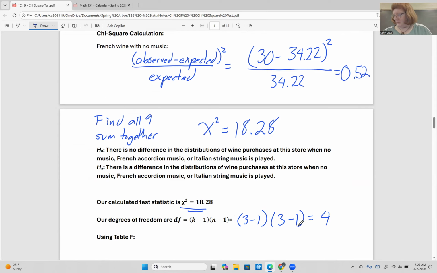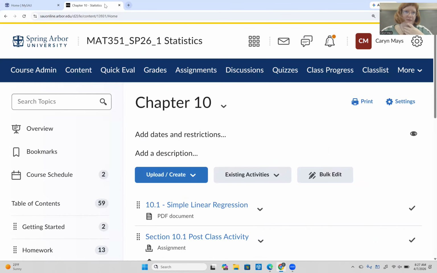Right. I did not get table F up readily enough, so let me pull that up.